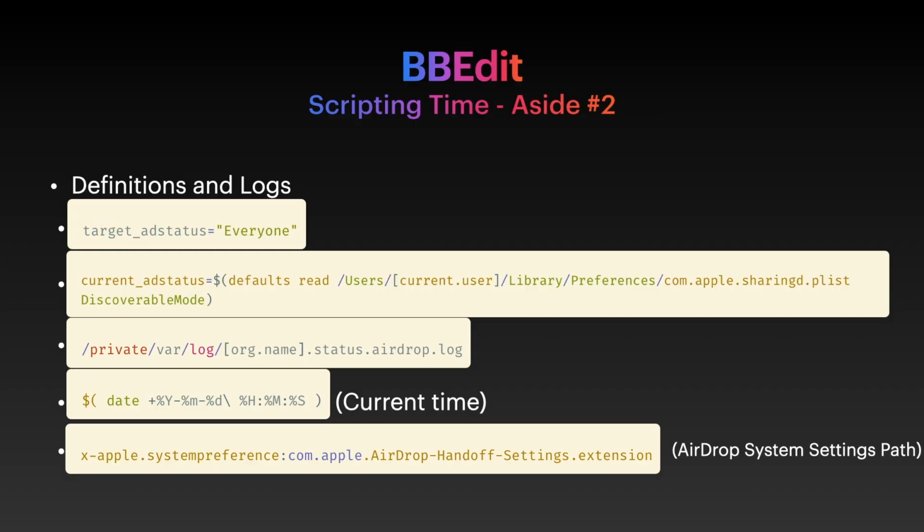AirDrop, I say AD way too much in reference to Active Directory. Yes, we are still on AD, but that's like on the Windows side mostly. Whatever. All right, the current AirDrop status. That's where we'll plug in that code of defaults read, however you get to the user's path, and the library preferences, plist discoverable mode.